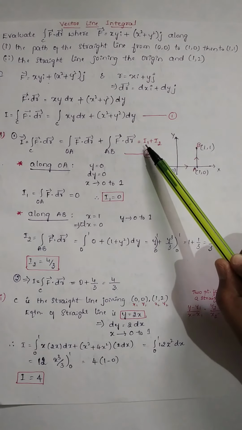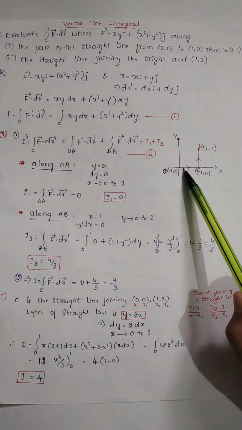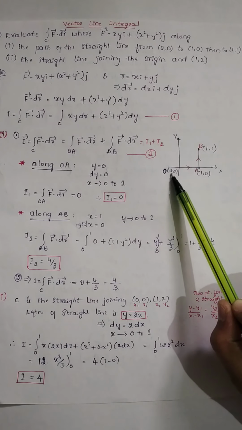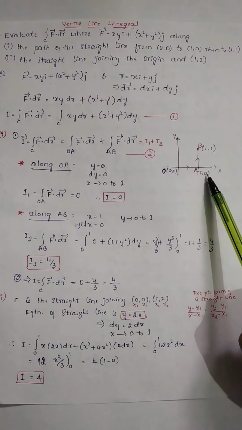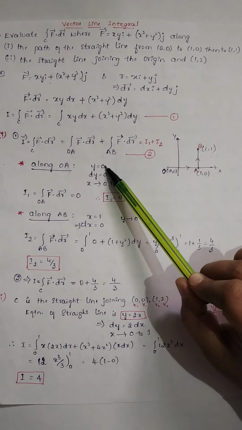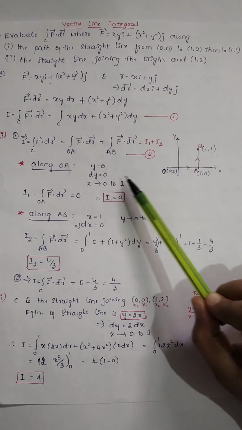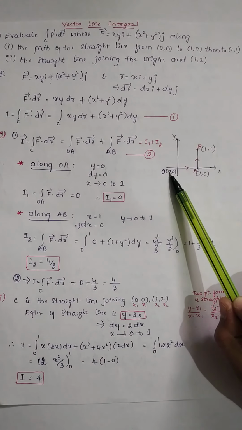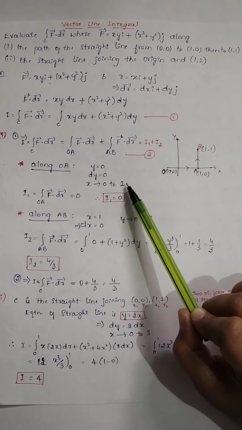Now we will see I1 first. I1 is along OA. Along OA, you can easily observe x is varying from 0 to 1 and y is equal to 0. Since y is fixed, write y is equal to 0 and also find dy. Now write that x varies from 0 to 1.